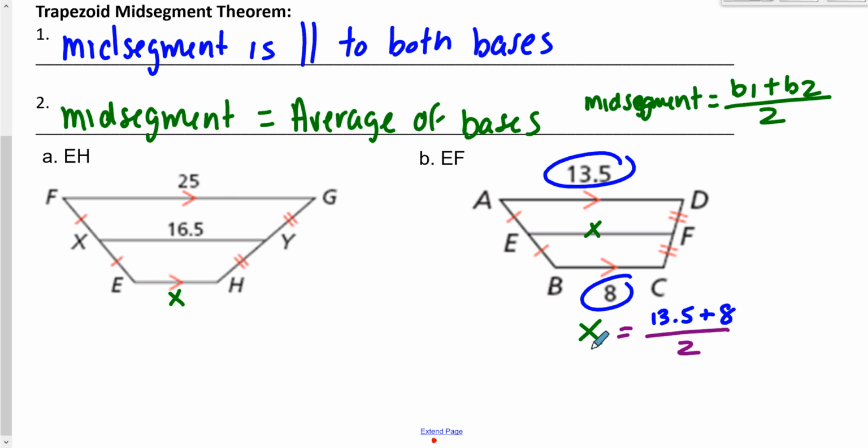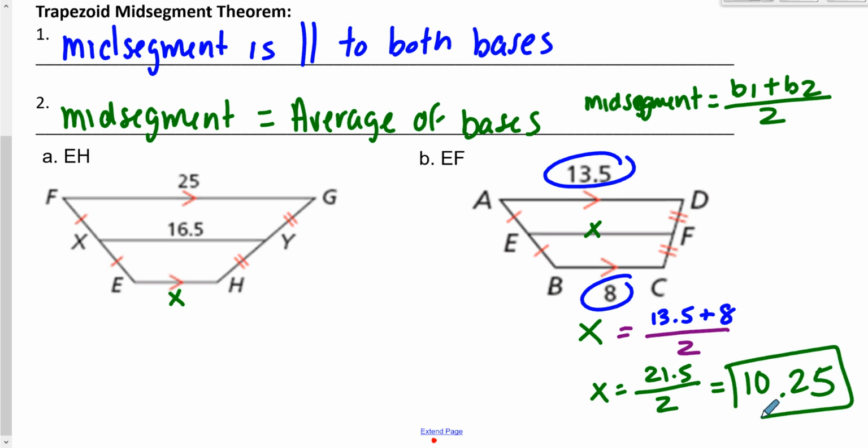So now, I could put this x over 1 and cross multiply, or 13.5 plus 8 is 21.5, and 21.5 divided by 2 is 10.75. So this number is 10.75, which is directly between 8 and 13.5.